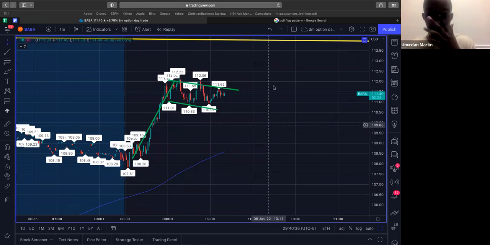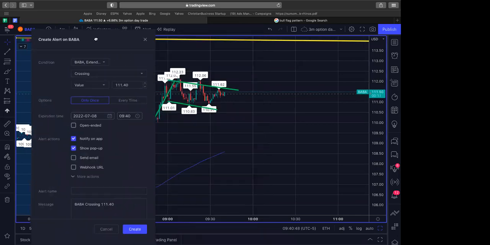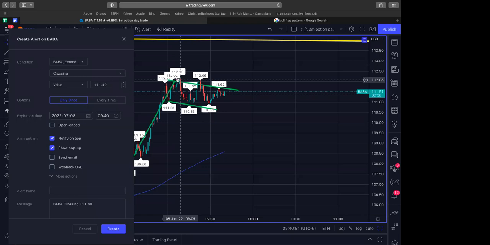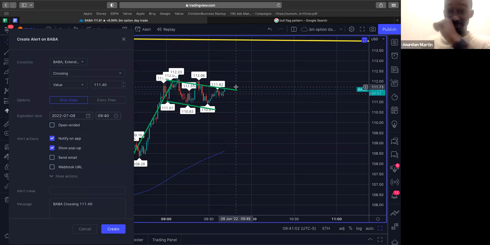For me, what I want to look at is really a break above and a hold on a new swing high, right? So we see that we have some highs here, 112.23, 112.06, 111.62. Say this candle right here broke above 111.62. You could have that be your quick entry, a break and close above 111.62.